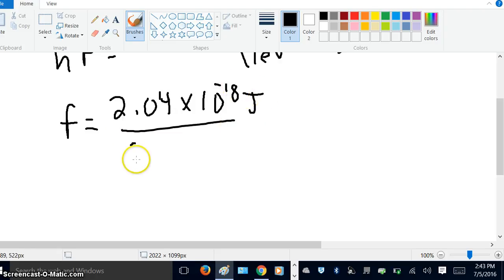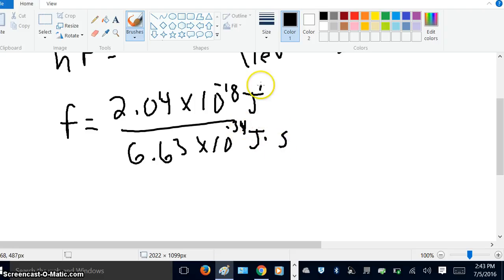It's always the same number, 6.63 times 10 to the minus 34th, and that's in units of joules times seconds. Notice the joules cancel, and you get 1 over seconds, which we remember from chapter 7 is, of course, hertz.